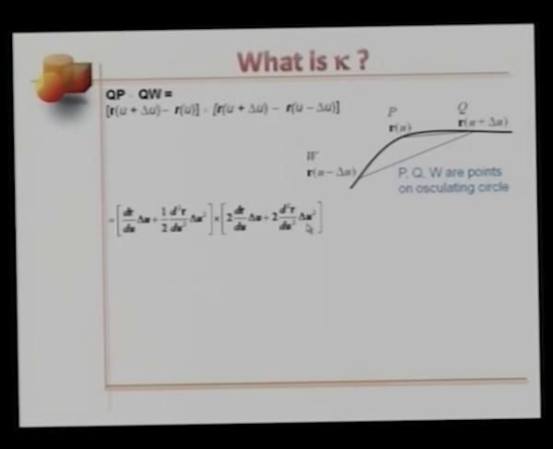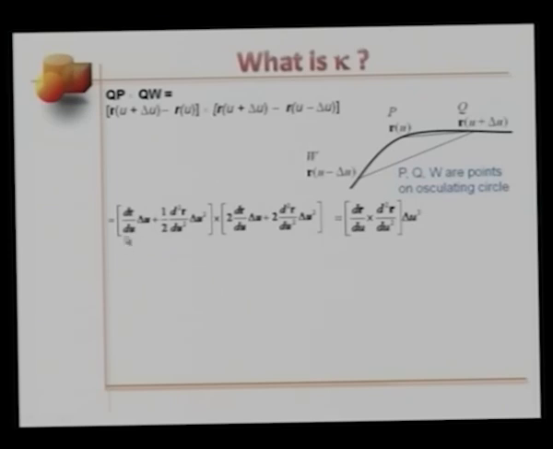Let's try to simplify this cross product further. Well, what happens if this term gets crossed with this term? Note that the direction of dr over du is the same in both terms, so the corresponding cross product will be 0.